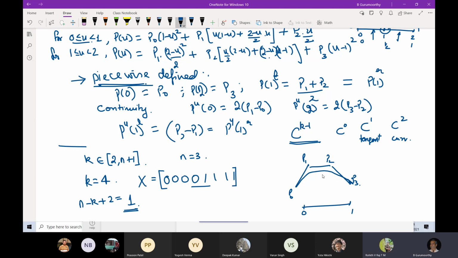Bezier. Bezier, yes. That's the only answer we have right now. It can't be anything else. And therefore now we conclude that the spline is a general form of the Bezier, or alternately, Bezier is a special form of the spline when k equals n plus 1.